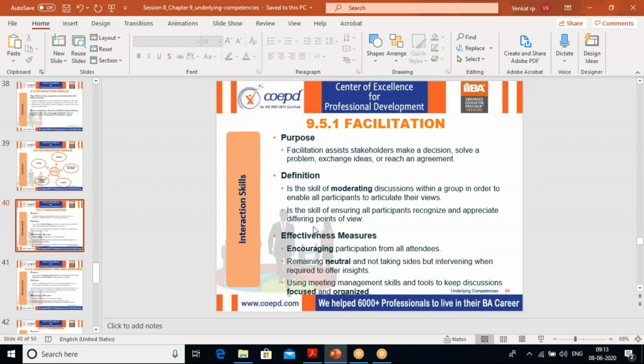Sometimes you can facilitate them with the required information, and you can moderate the discussion, so that you facilitate them to make the right decisions, or to bring in the right understanding. Facilitation is one of the key skills of a business analyst. We facilitate the stakeholders with the required context information, and the right information is very, very important for us to facilitate.